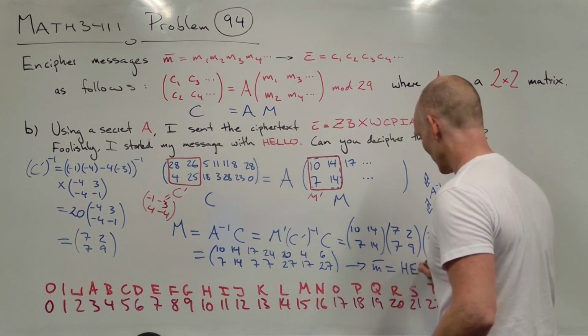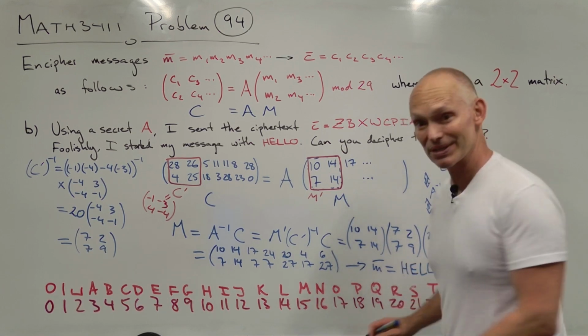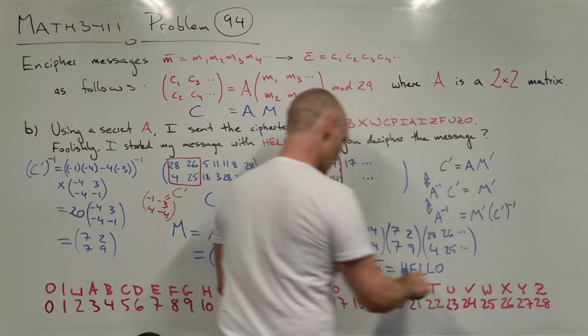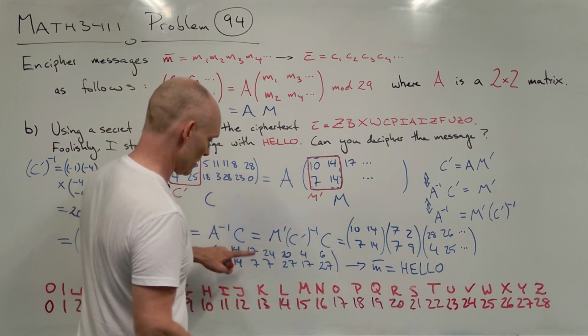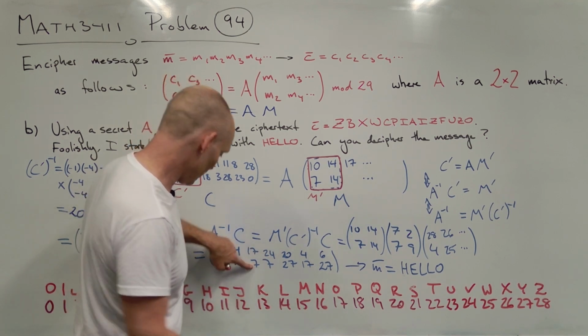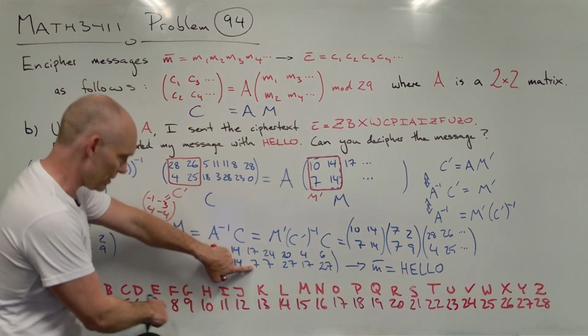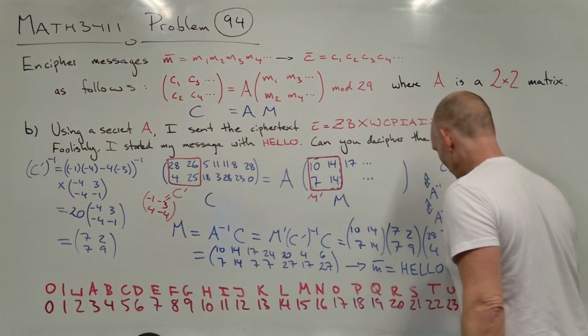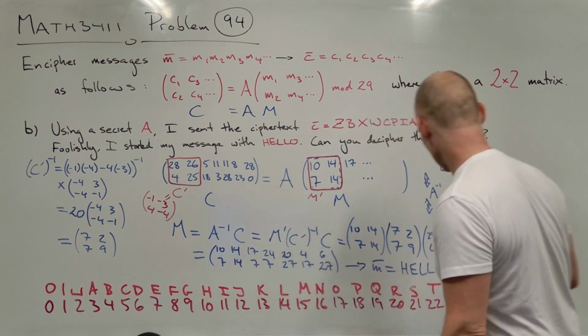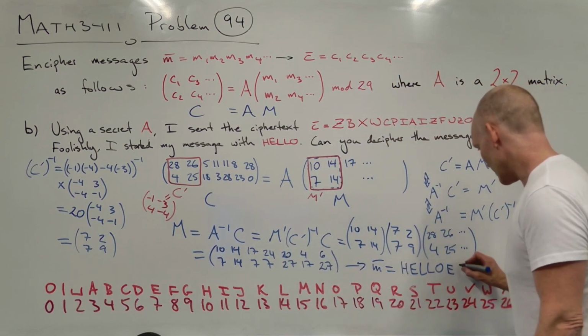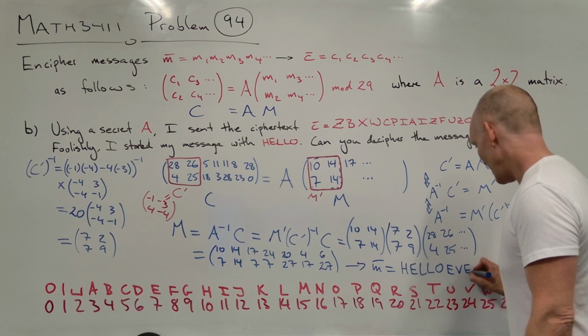Might as well just cheat a little bit. Well, it's not really cheating, but that's these first 1, 2, 3, 4, 5 letters, and 7. That is an E. Hello E. And then we've got 24 and 7. So 24 is V, and hello Eve.